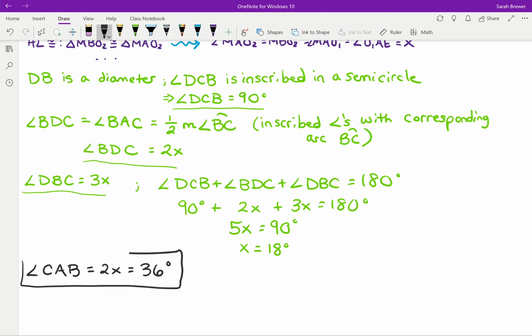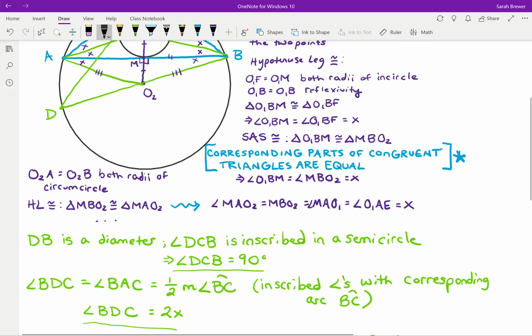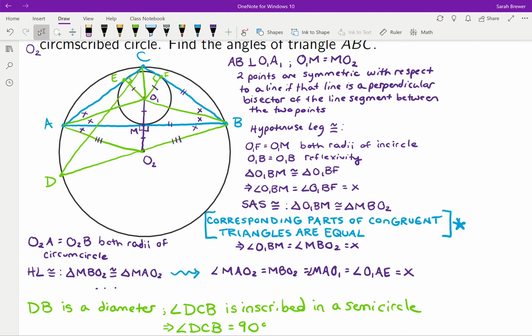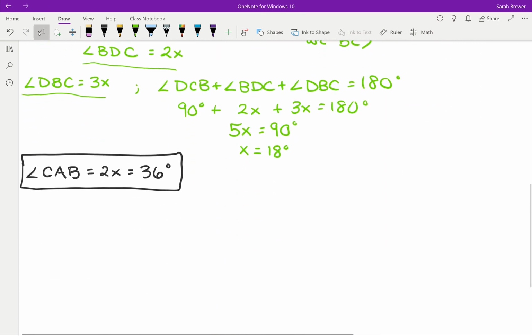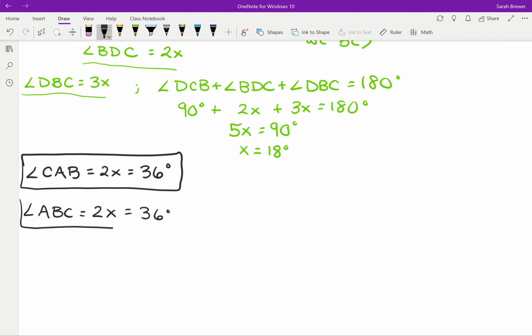So there's one of our desired results. Similarly, angle ABC is also 2x, and therefore 36 degrees.